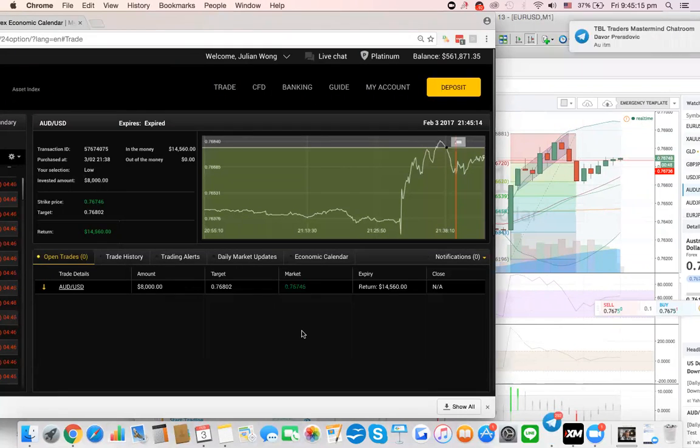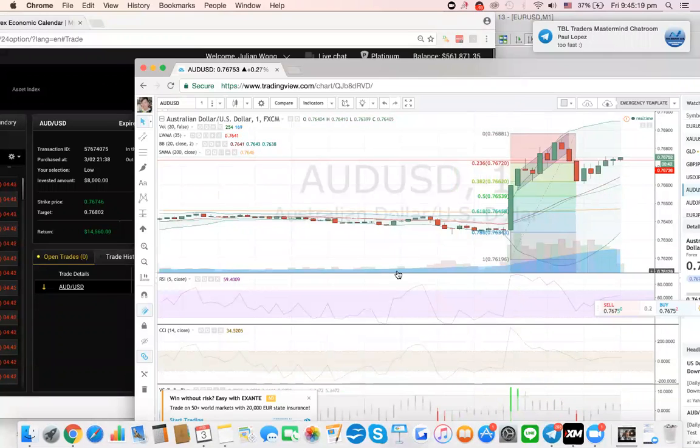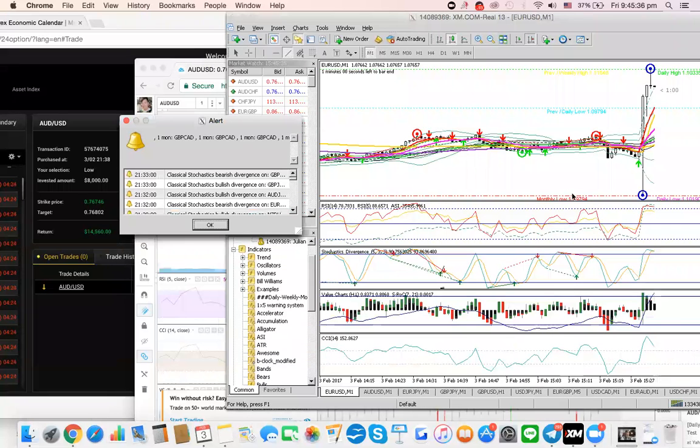Fairly boring trade. Now it's a bit gradual. So I gotta force fit this one.